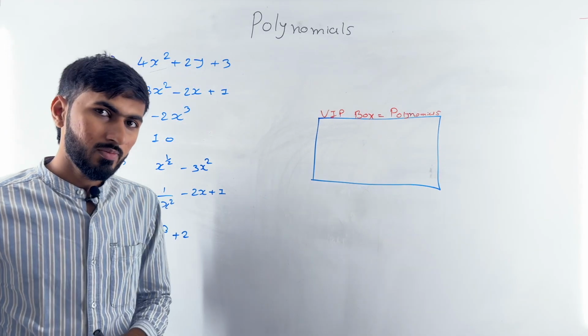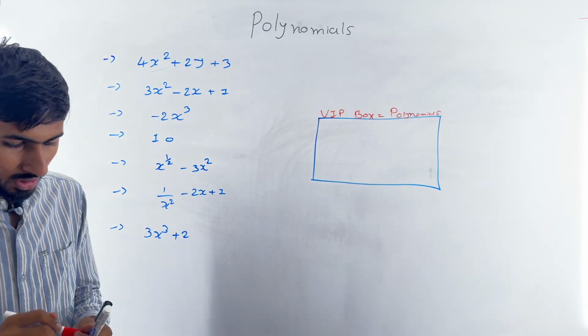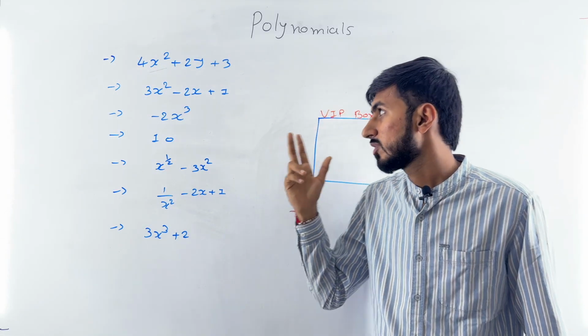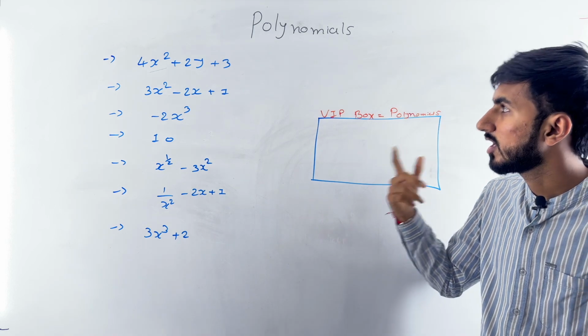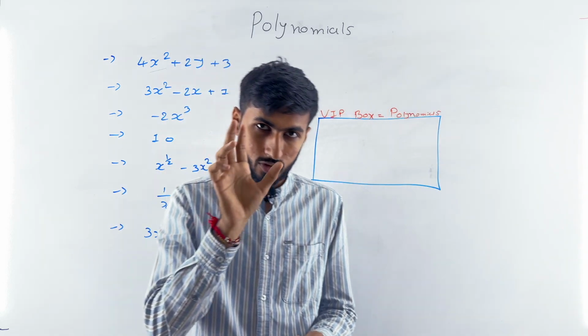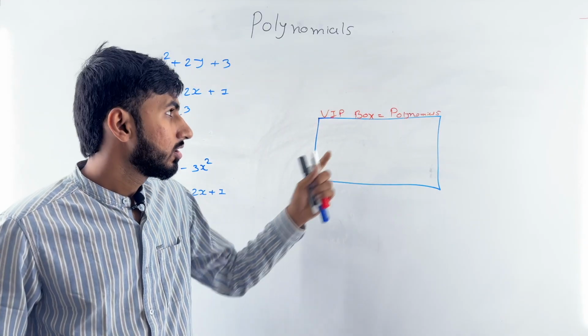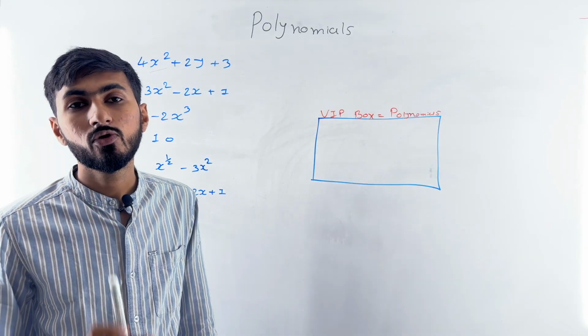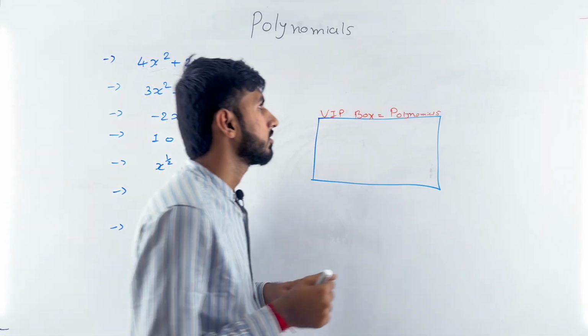So to enter a VIP box, there must be a ticket, or any specific rule or any specific card to enter this VIP box, right? So what is the rule to enter the polynomials? To be a polynomial for algebraic expressions, what is the rule?